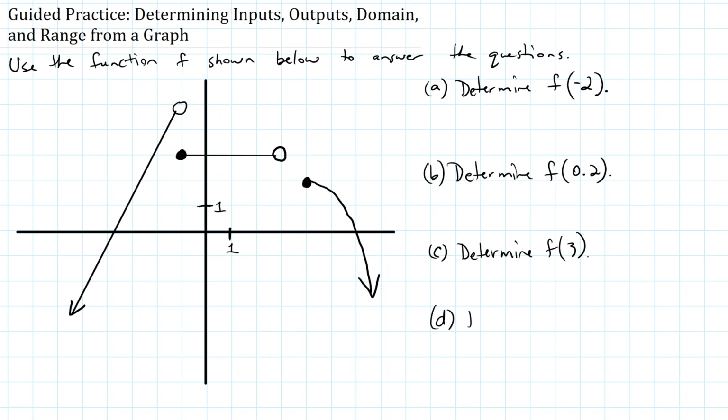Part D, determine the domain. Of course, we write these in interval notation. So domain means all of the x values. So basically you start on the left side of your x-axis and you scan to the right and you find all the x values that have outputs on this graph. Okay? And don't let the open and closed circles throw you off.